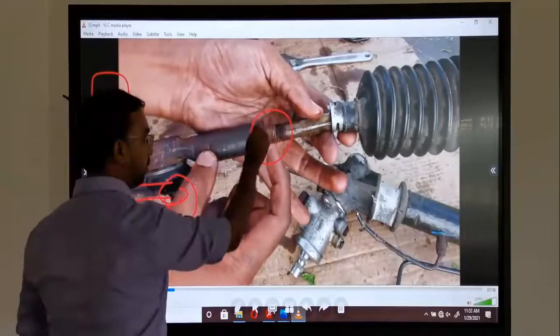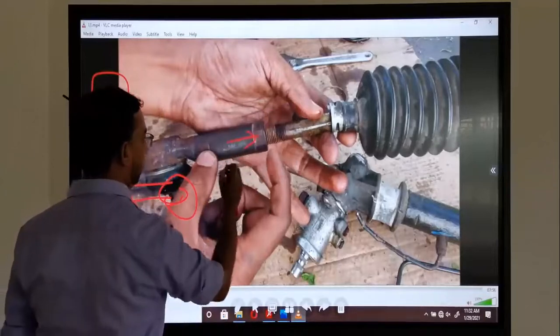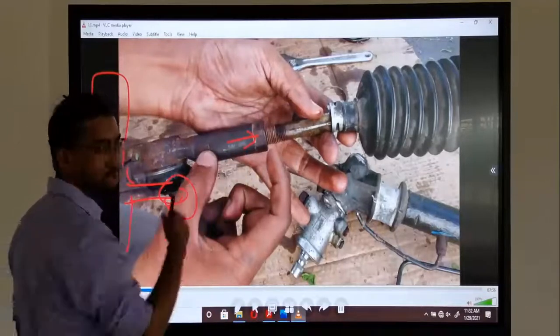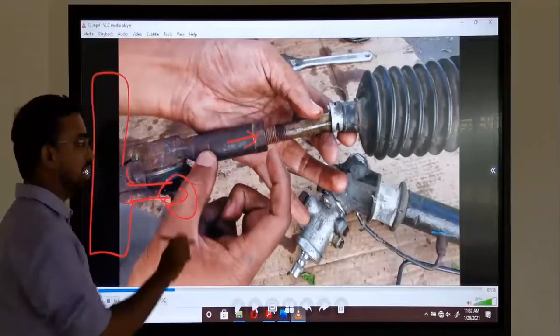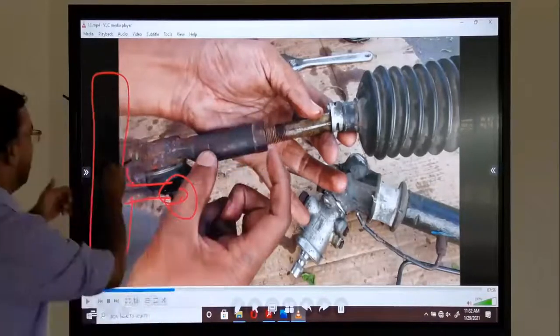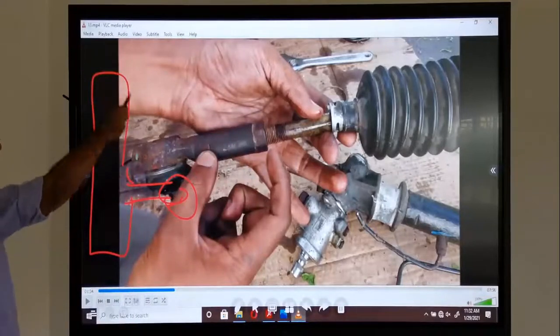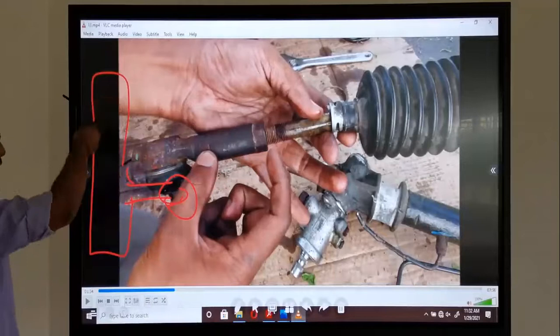We rotate this thread to adjust the distance from the ball joint. According to that distance, we can adjust the wheel in an inclined position.